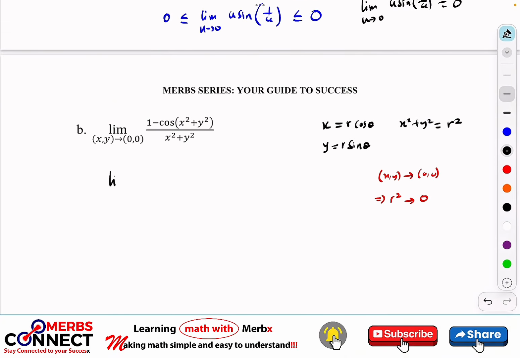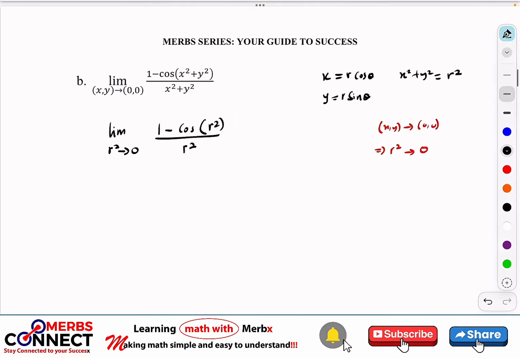Now the limit as r squared approaches 0 of 1 minus cos of r squared divided by r squared. Nice. Now do the same thing as we did for the first question. Let u be equal to r squared. So r squared is approaching 0, so u will also be approaching 0.